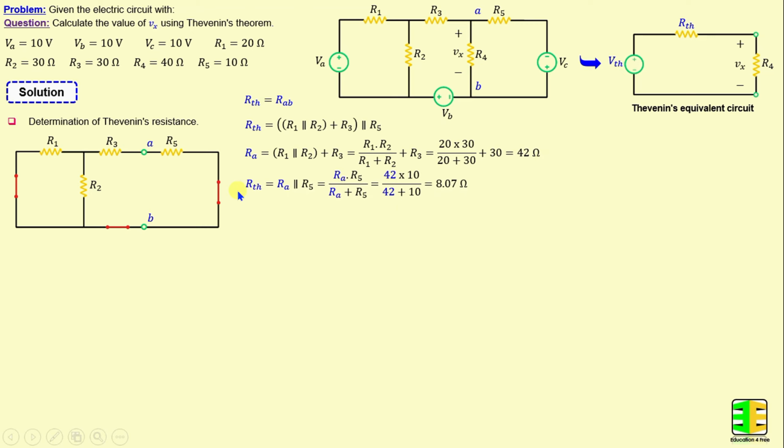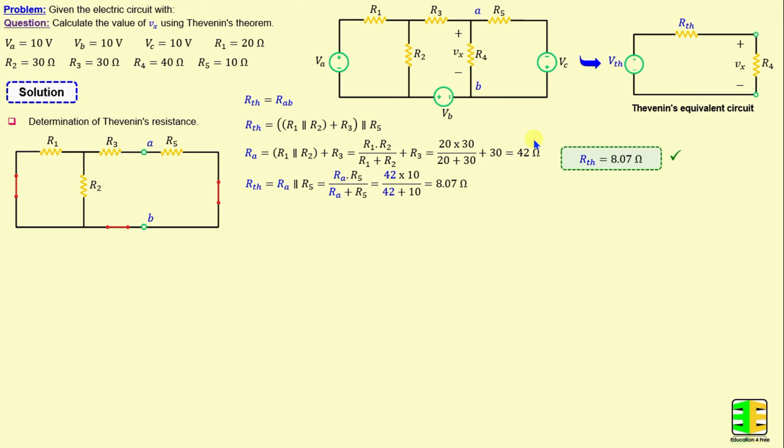That means RTH is equal to the parallel combination of RA and R5. Therefore, RTH can be calculated using the following formula: RA times R5 over RA plus R5. And if we replace RA and R5 with their numerical values, we obtain RTH is equal to 8.07 ohms.